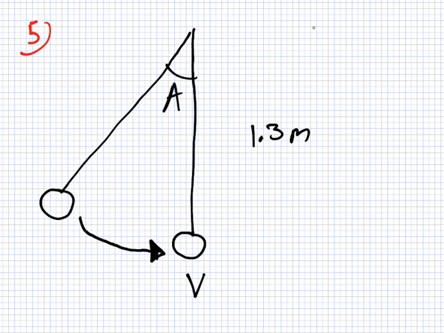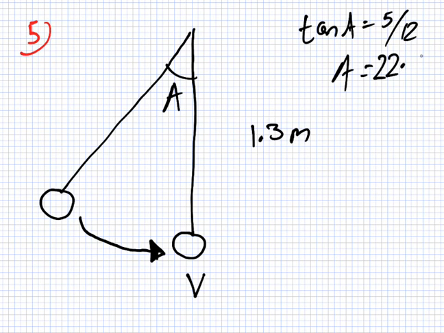What's the A, please? Can you do tan inverse 5 over 12? In physics we're allowed to, so it's good for us. So what's the A? 22.6. Okay, great. Now, what we can say is that potential energy here must equal the kinetic energy here.